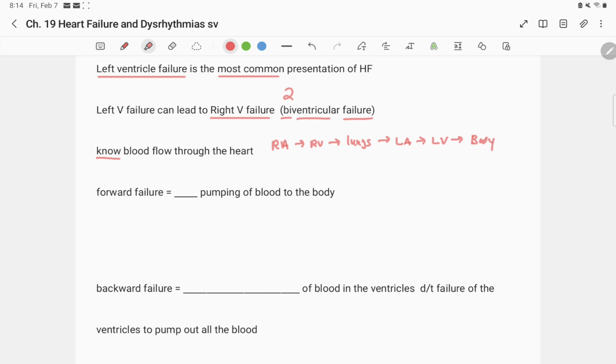Okay, I did not include the valves or the names of the tubes, but as far as chambers, that's the order.